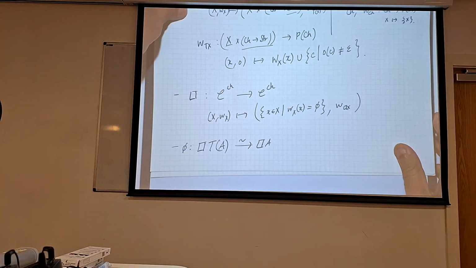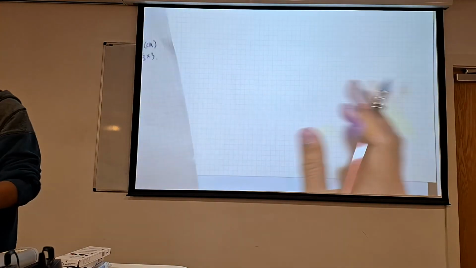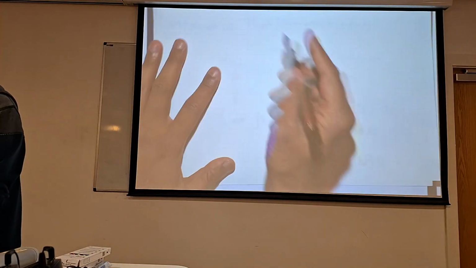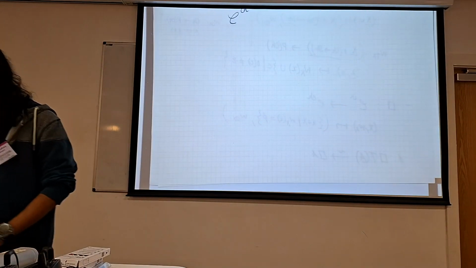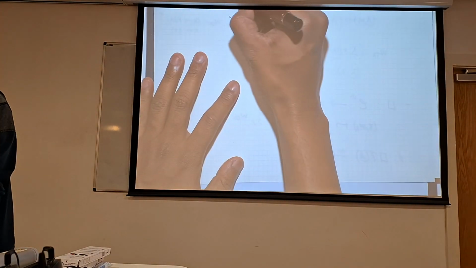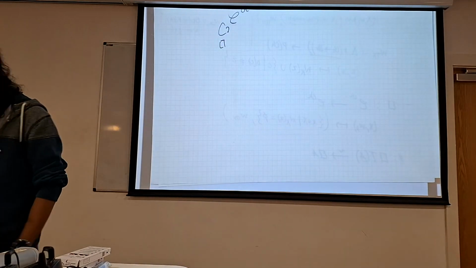So this is the semantic story. And one more thing: now you had your CCH, which has T, which has box.